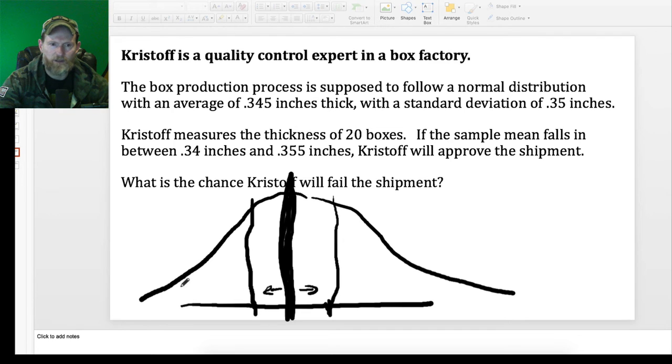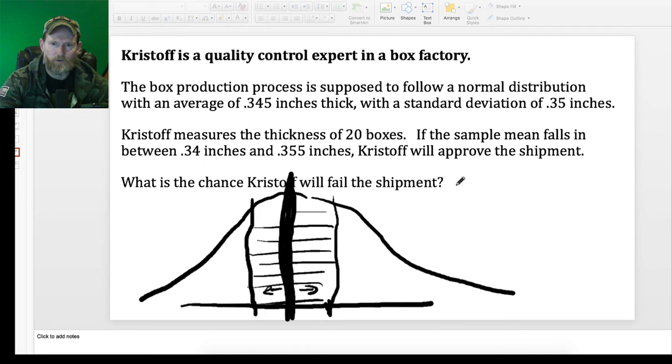Okay, a box out here would probably be pretty thin, and a box out here would be way thick. And so we don't want to tolerate a lot of errors. So that means that we want our performance to be in this narrow zone right here. And we don't want to tolerate anything outside of that.